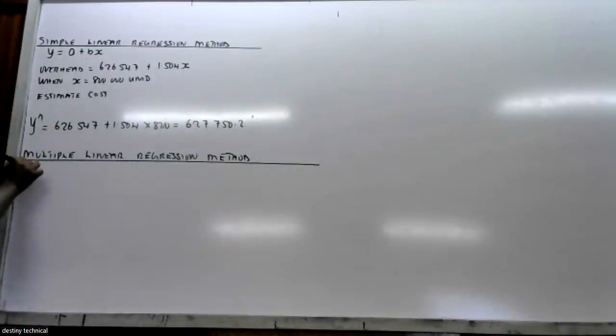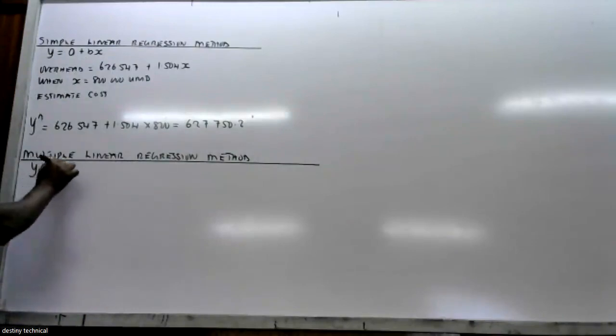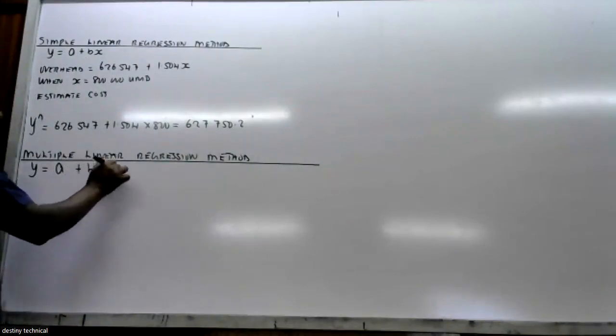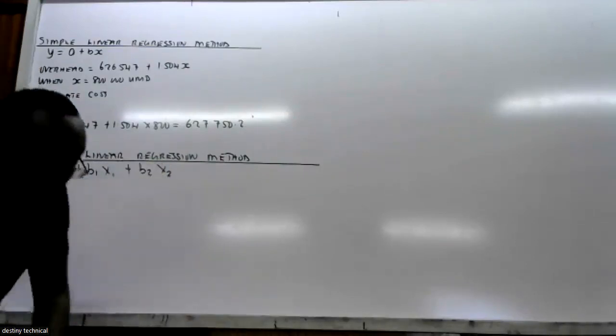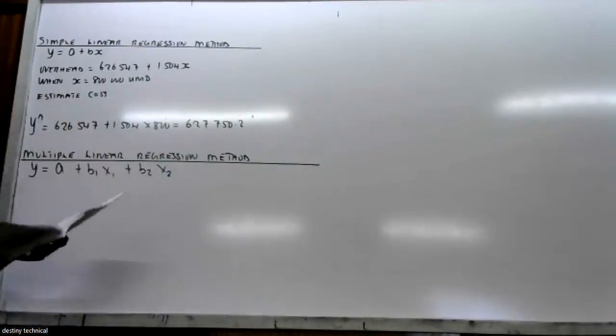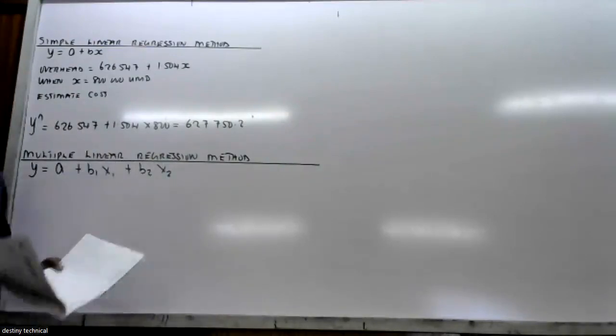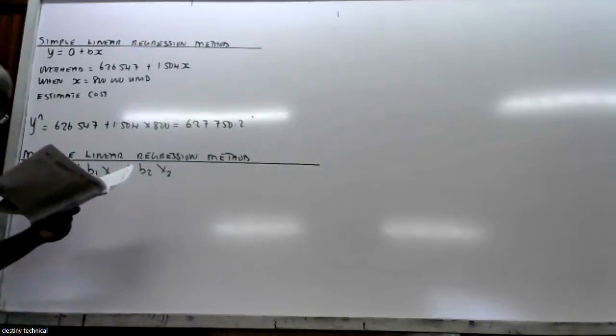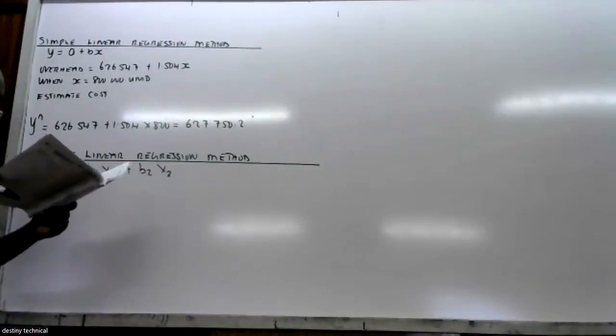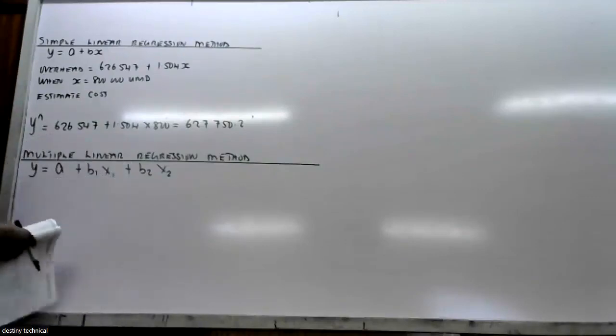In our case here, because we have two independent variables, it will be y equals a plus b1x1 plus b2x2. Specifically, if you look at information 6, when both predictors are entered in the regression program, the following results were obtained. So we have multiple regression results. Maybe we could copy the equation as it is provided there.